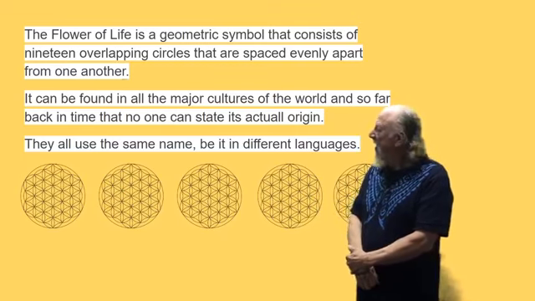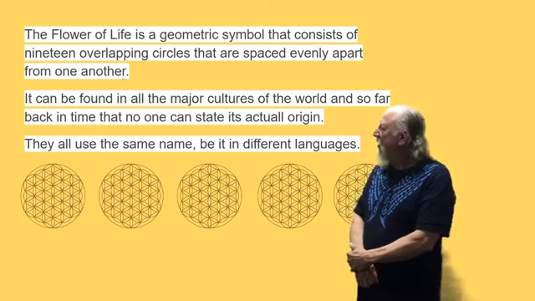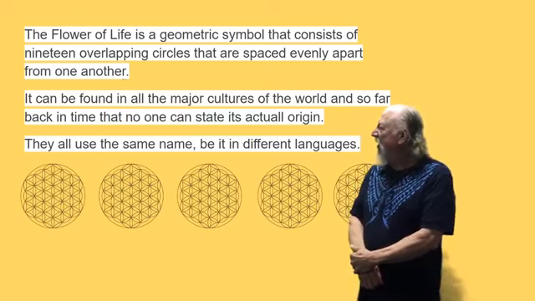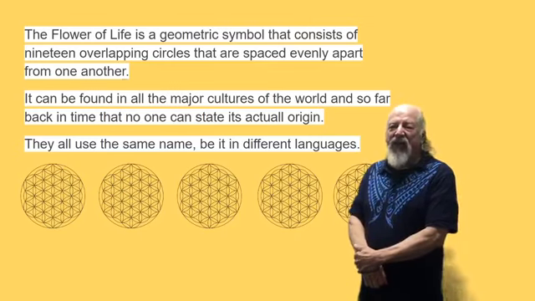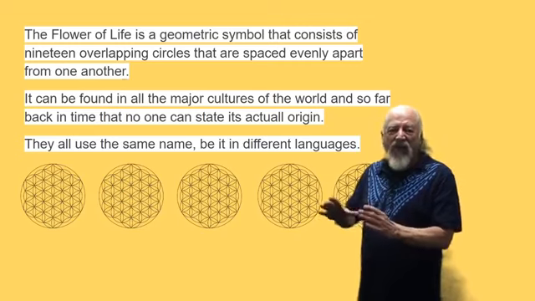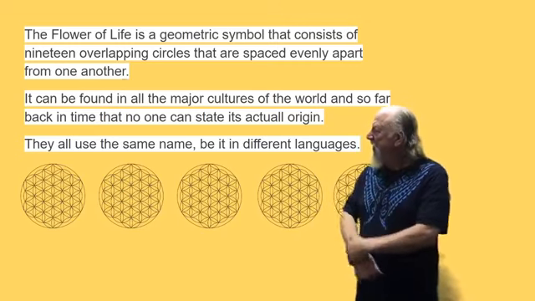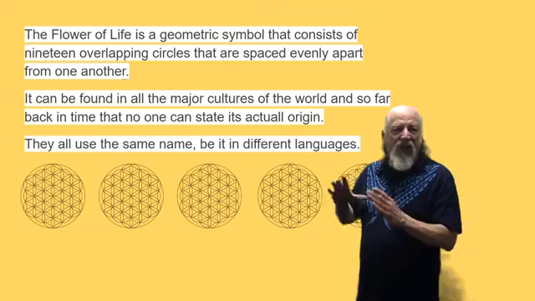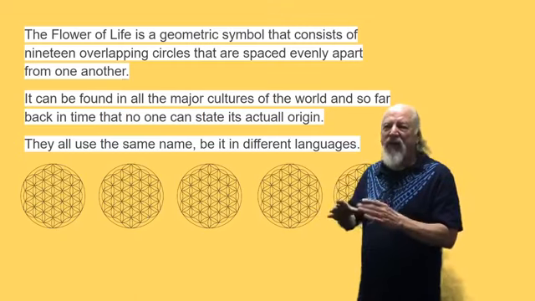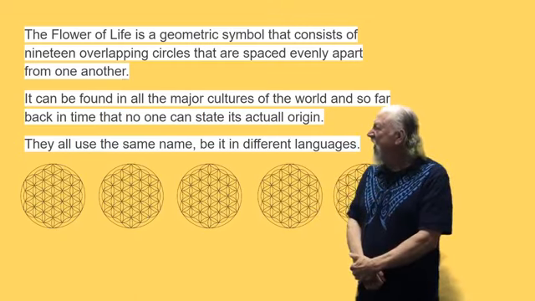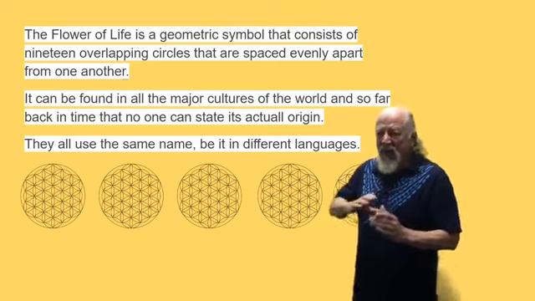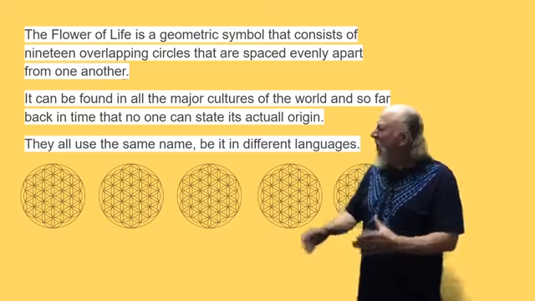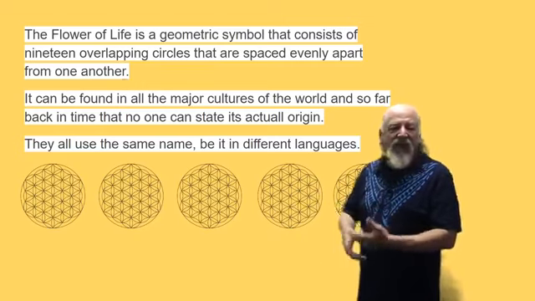And it can be found in all major cultures throughout the world, and so far back in time, no one can really say when it was discovered or acknowledged. But it's actually always been there. It's a symbolic structure of the universe itself. And interestingly, they use the same name for it across many or all of the cultures, even though it's in different languages.